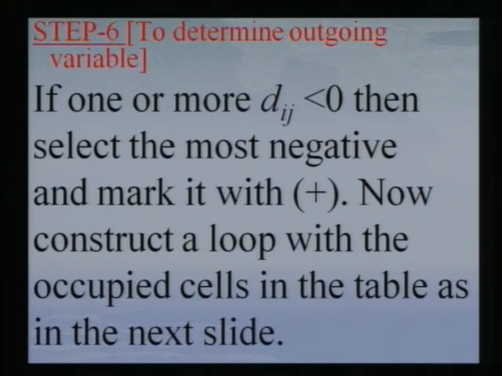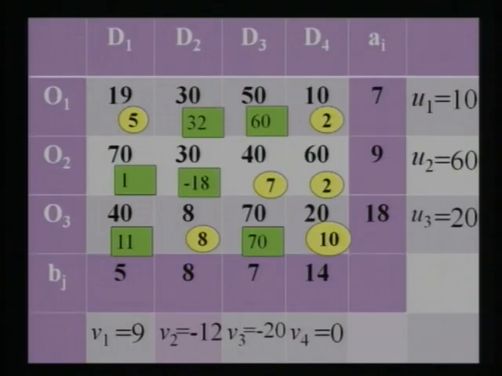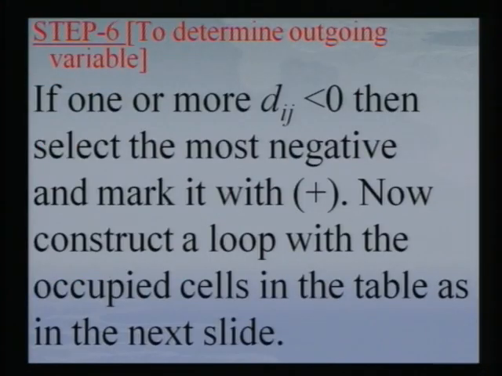Here, the number of basic variables is m plus n minus 1, that is 3 plus 4 minus 1, which is 6, because our problem was 3 cross 4 type. To find out which of these 6 yellow circles should be removed, we need the concept of the loop.